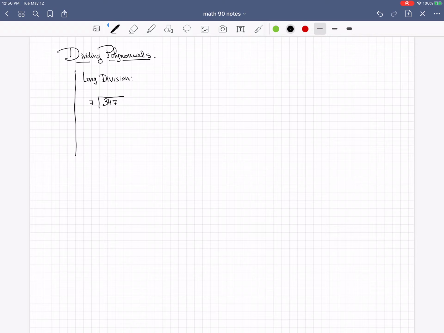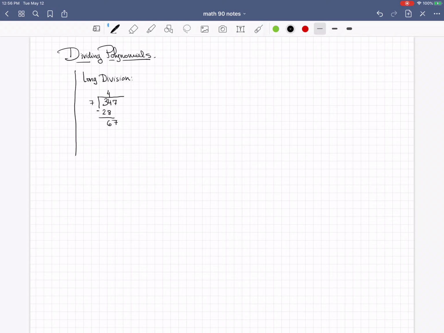No. But 7 does go into 34. How many times? In other words, what would you multiply by 7 to get as close to 34 as possible? And the answer there is 4. 4 times 7 is 28. Subtract. 34 minus 28 is 6. Bring down the 7.